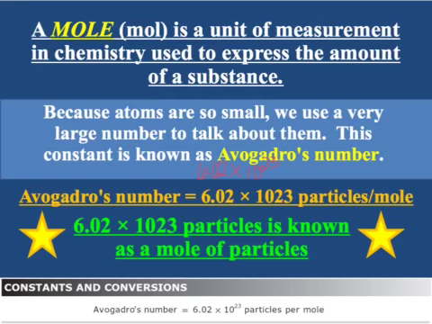So again, what is Avogadro's number? It is 6.02 times 10 to the 23 particles. And how is it a constant and how is it related to the mole? It's a constant because it never changes. It's always the same. And it's related to a mole because 6.02 times 10 to the 23 particles is known as 1 mole of particles.